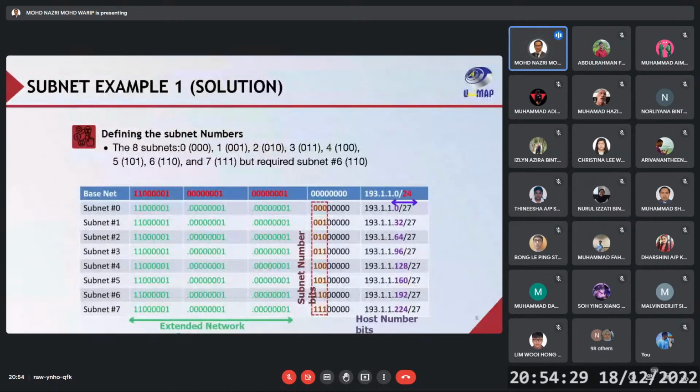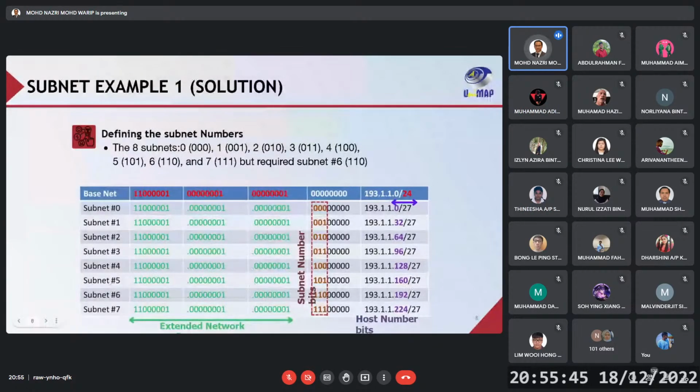Can you see the mouse? 1, 2, 3, 4, 5, 6, 7, 8. Actually, until subnet 5.